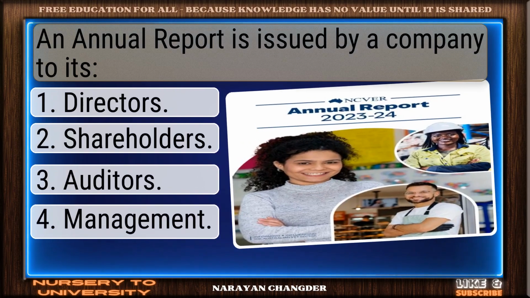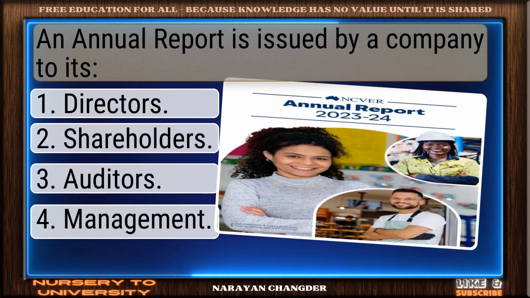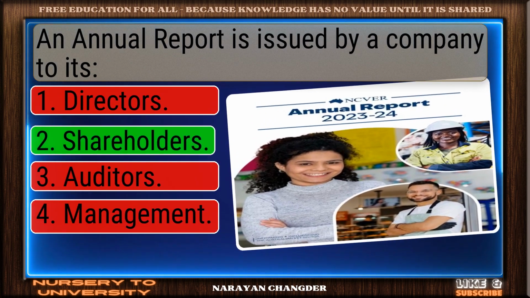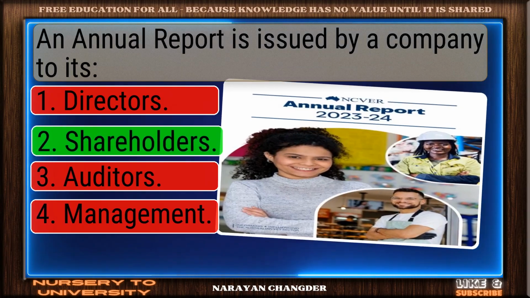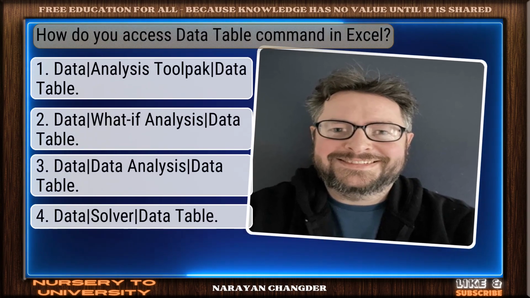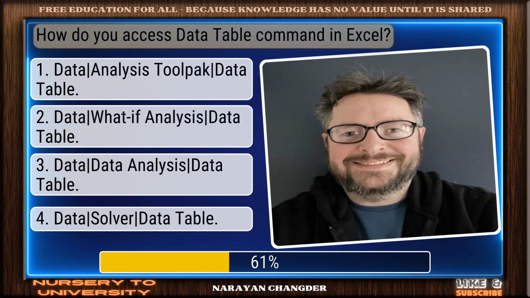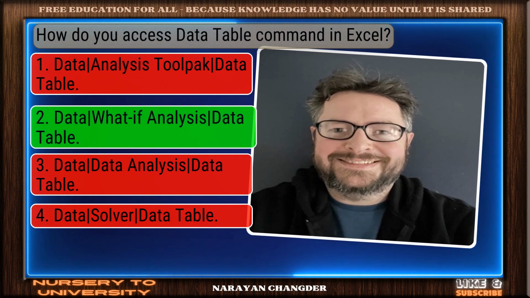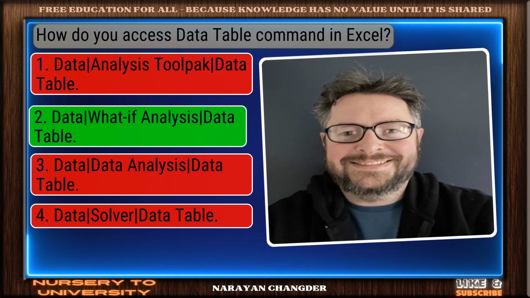An annual report is issued by a company to its... Excellent. Shareholders is a brilliant choice. How do you access the data table command in Excel? Bravo. Data, what-if analysis, data table is the answer.